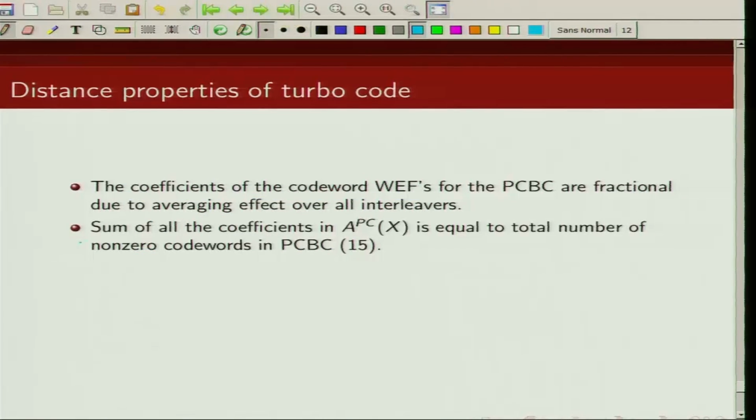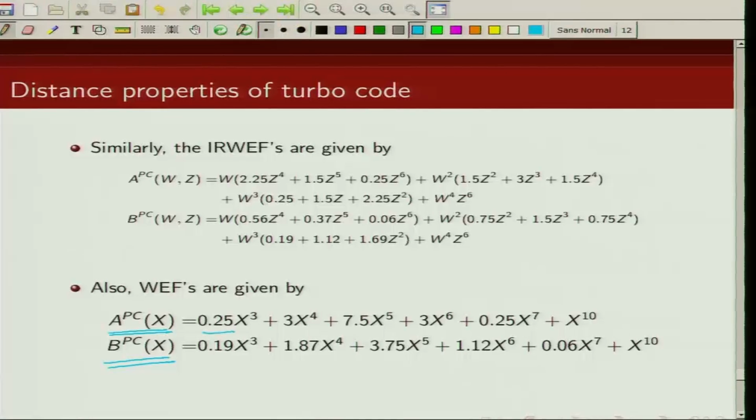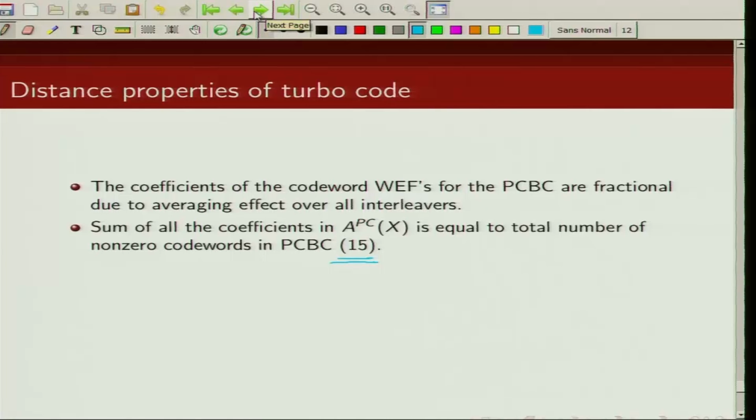However, if you sum up all the coefficients, they add up to the total number of non-zero code words. You can verify that if you add this up: 0.25 plus 0.25 is 0.5, plus 7.5 is 8, 8 plus 6 is 14, plus 1 is 15. So if you add them up, we get the total number of non-zero code words.